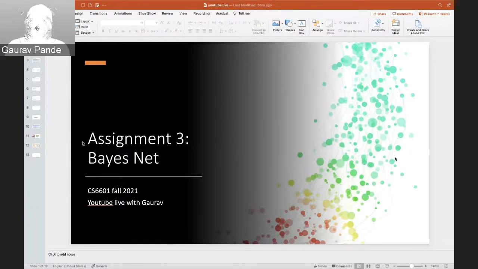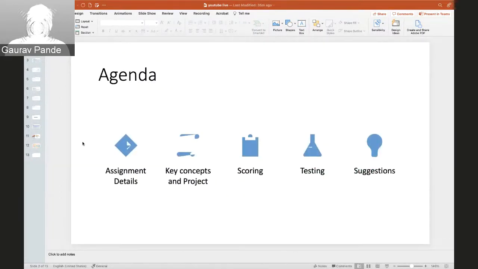In this session, I will go through assignment 3, BaseNet. We will first discuss the assignment details, like what this assignment is and what the important timelines are that you need to be aware of. Then I will talk about some of the key concepts in this assignment. I will not go deeper into the concepts because that is what you will be learning in the classroom or in the textbooks.